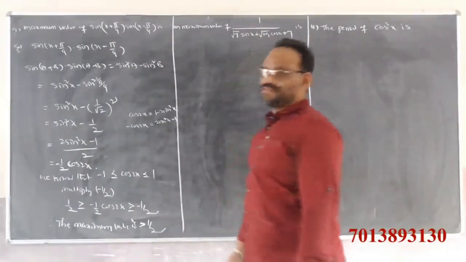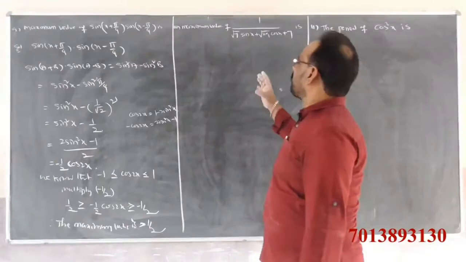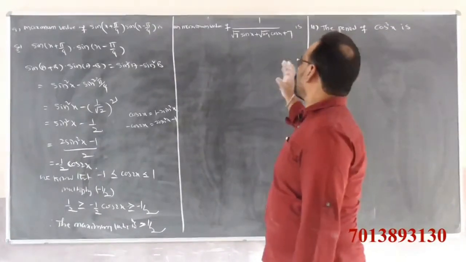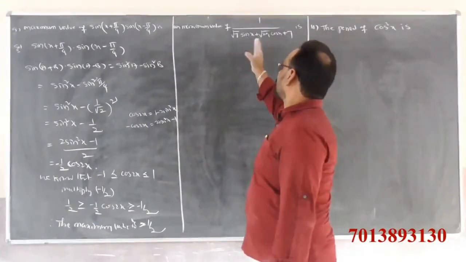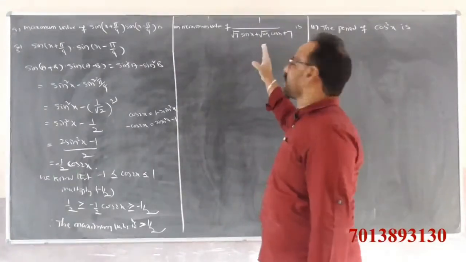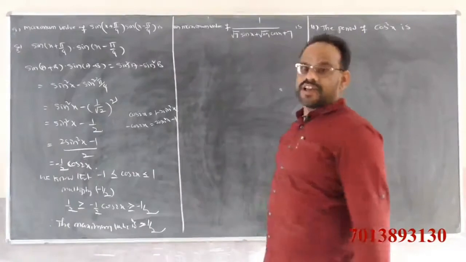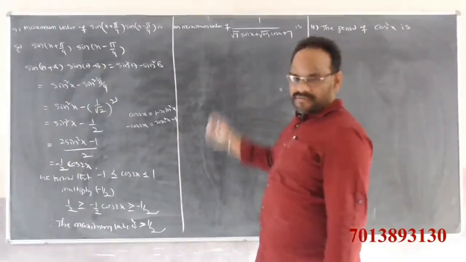Next problem, observe here. We want the maximum value of f of x is equal to 1 by square root of 7 times sin x plus square root of 29 times cos x plus 7.